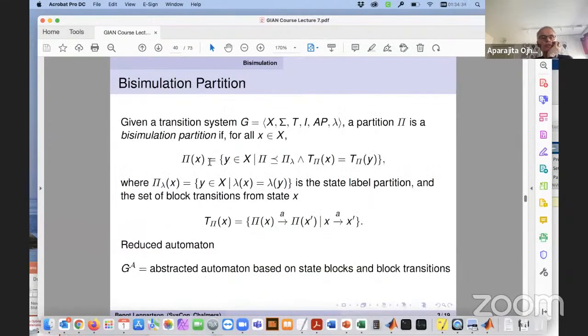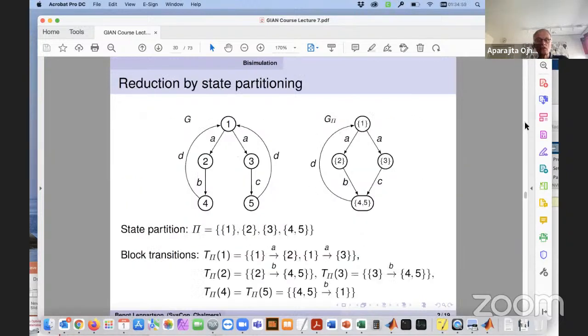The formal definition of this bisimulation partition is that your partition should be such that for every state X, the block transition for state X is the same as the block transition for state Y. At the same time, if you have any state labels, they should be immediately separated.